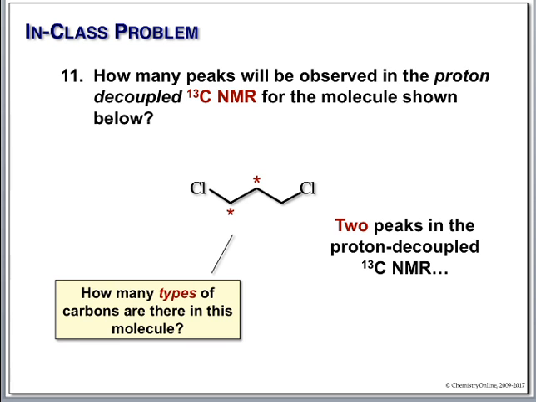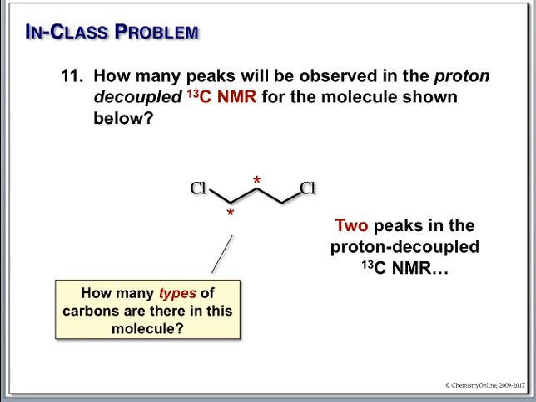Look at the hydrogens next to it. How about the carbon in the middle? Well, this is a CH2. How many hydrogens is it adjacent to? Well, it's got two here, and it's got two here. They're the same, they're identical, but they can have different spins, can't they?